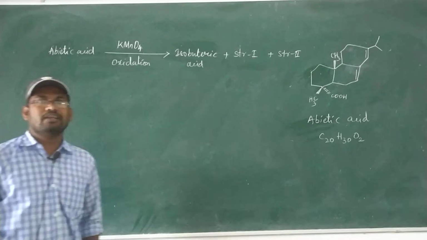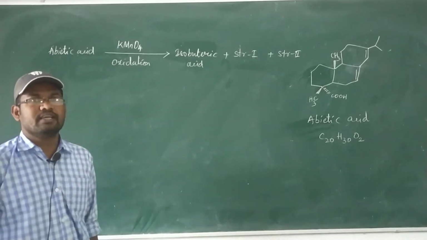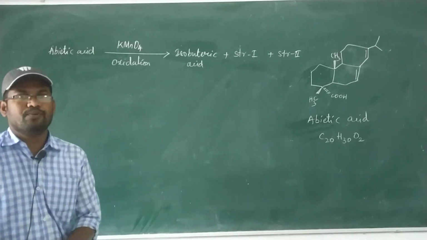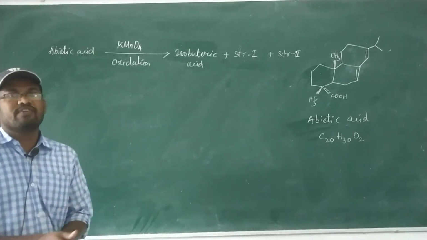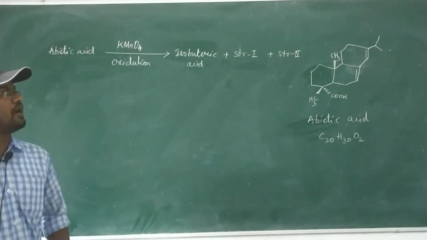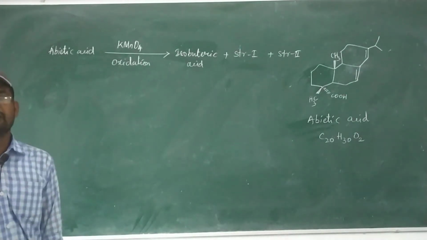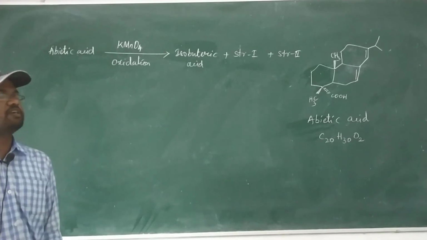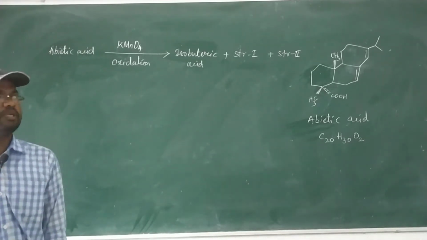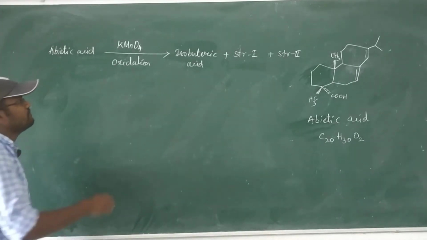Structure 1 and structure 2 both are tricarboxylic compounds. We have to study these two tricarboxylic compounds because the two structures give the information of the total structure of abietic acid.